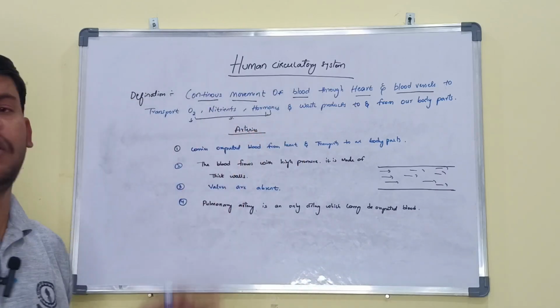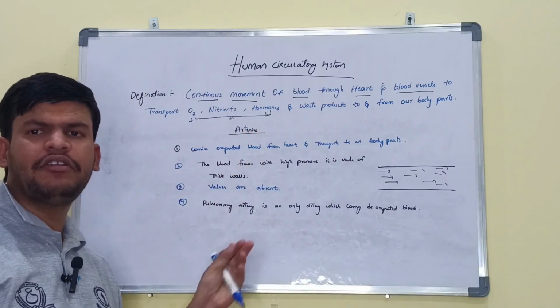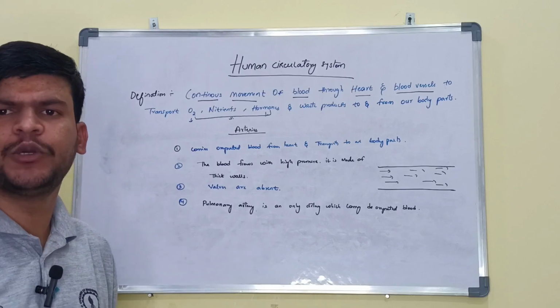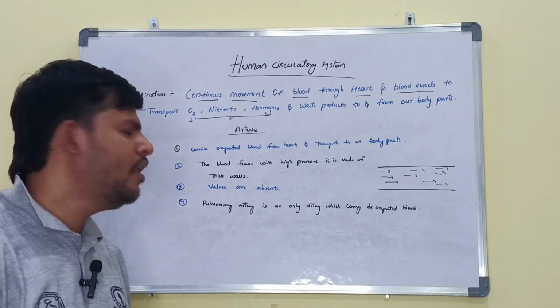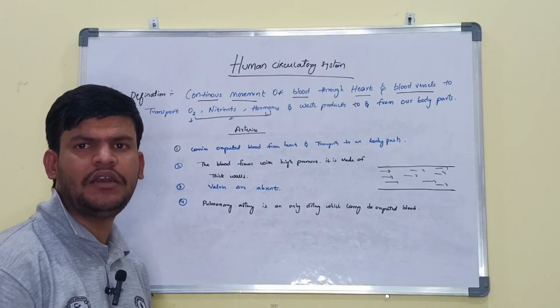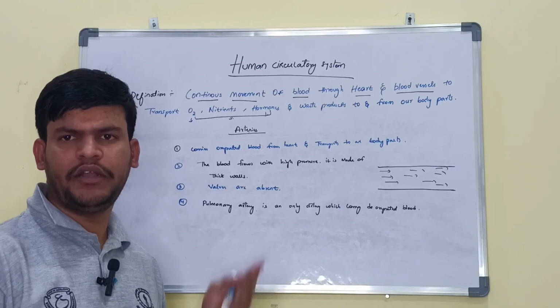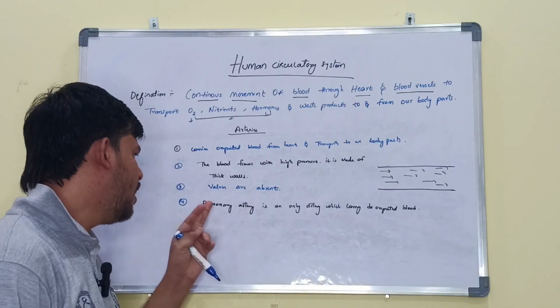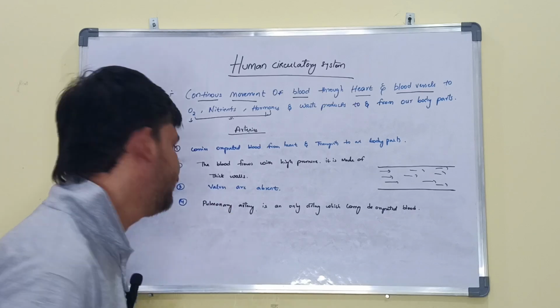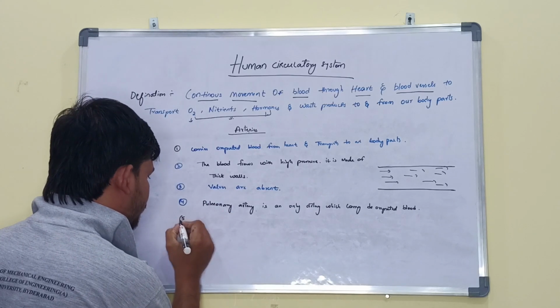As we discussed, arteries carry oxygenated blood from heart and transport to all the body parts. But the only pulmonary artery, further we will be discussing how it transports, is the only artery which carries deoxygenated blood.